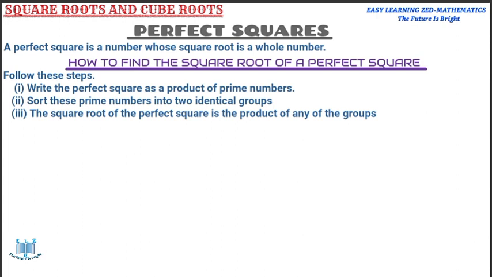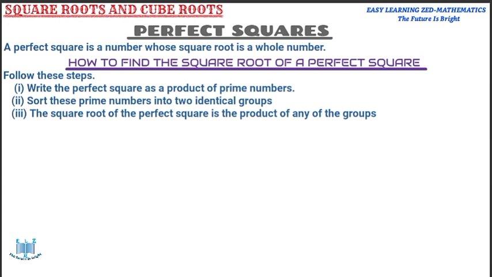The third step is that the square root of the perfect square is the product of any one of the groups. So when you put the prime numbers you have found in the expression into groups, you find the product of each group.